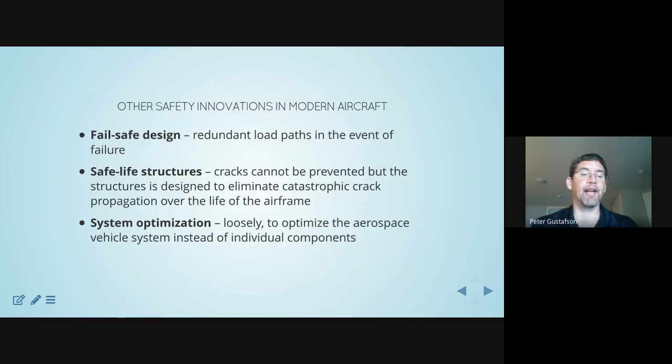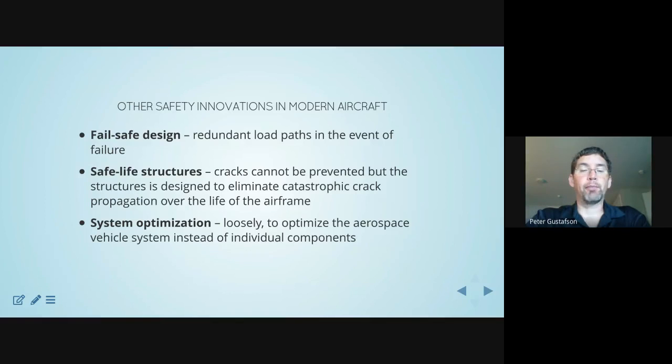Another concept is the idea of safe life structures. We recognize that as materials age, as they are cyclically loaded, we can't entirely prevent cracks from occurring. But what we can prevent is to have those cracks propagate sufficiently to cause a catastrophic failure.